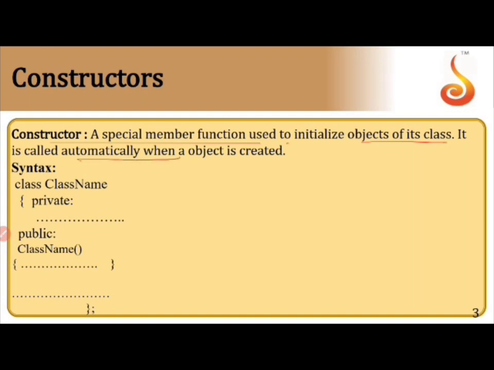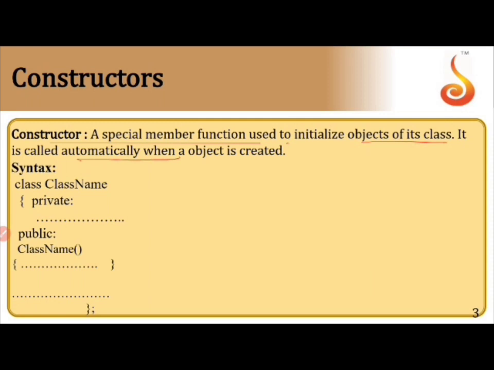So whenever you create an object for a class, the default constructor is automatically executed. That is, it is automatically run. What I mean by this, I'll write a program and then I'll write the output and I will show it to you.